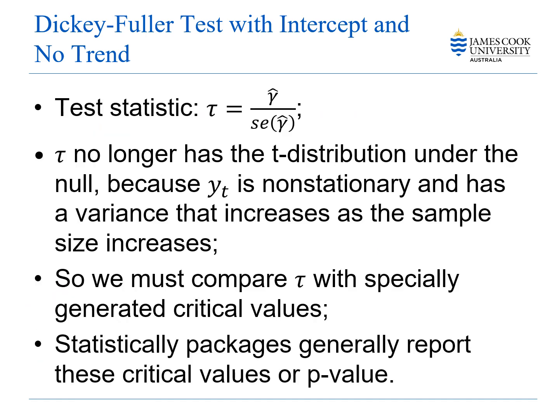For the test, we regress this: Delta y_t is equal to alpha plus gamma y_{t-1} plus v_t. We regress this equation, take the gamma estimate and get a standard error estimate. We form the ratio, and you should see that this is very much like a t statistic.